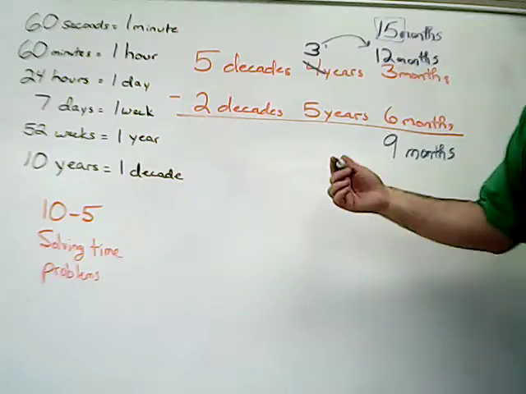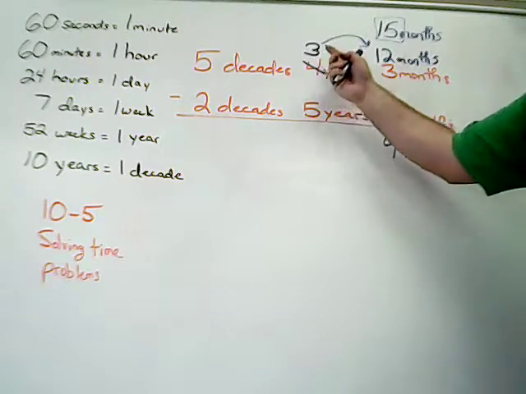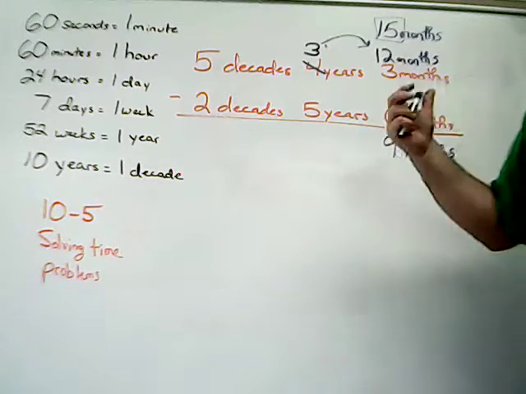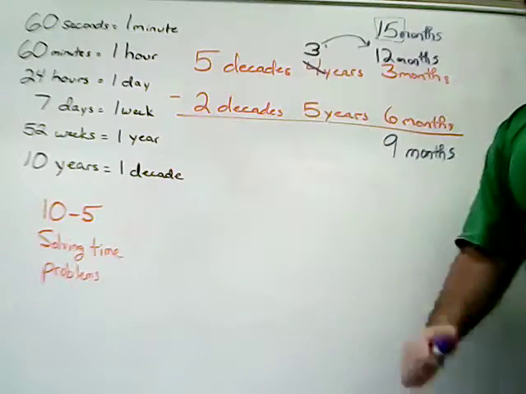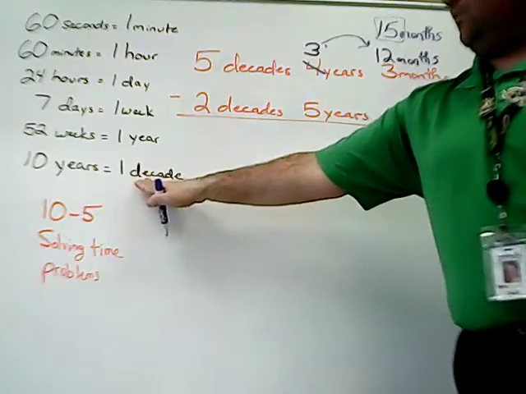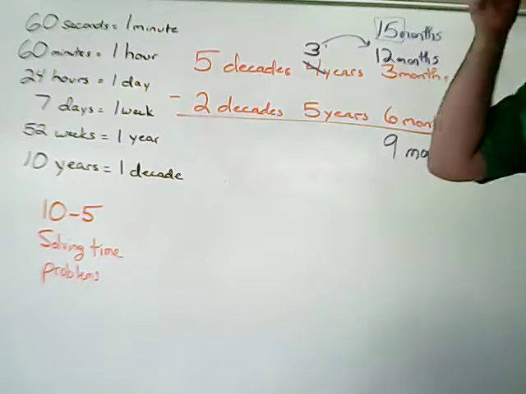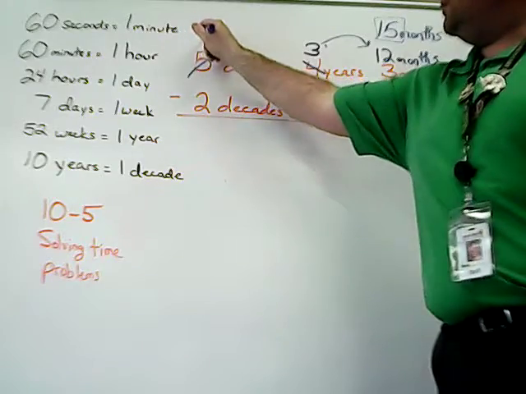Now, I have to move to my years. Well, since I borrowed from the 4 and converted it to a 3, I can't do 3 minus 5. So guess what? We need to borrow from the decades. Use your chart to help you. Wow, decades. Okay, let's see. So my 5 is going to become a 4.